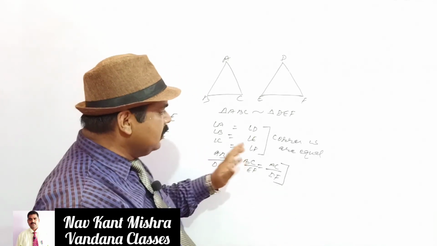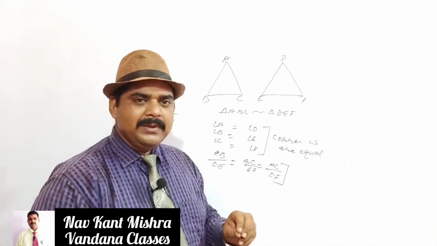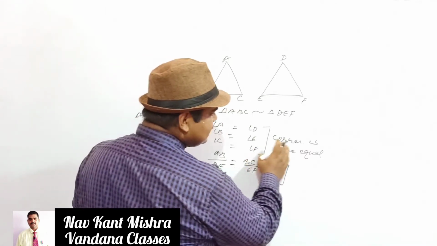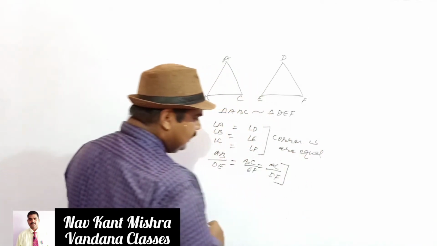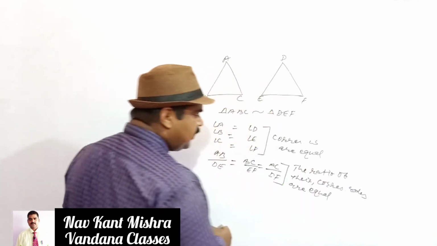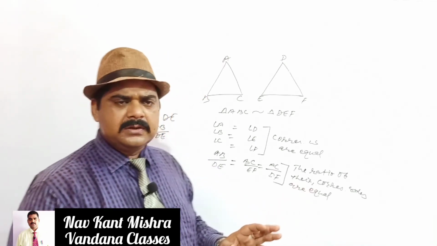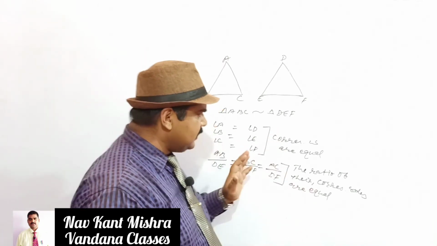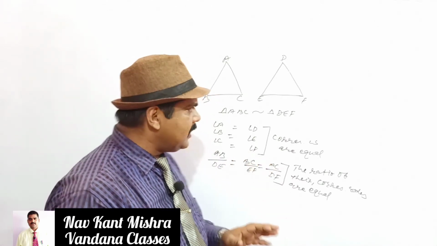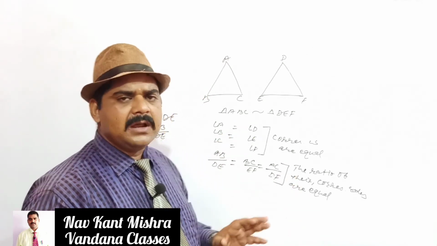If any polygons have these two conditions, first, corresponding angles are equal, and second, the ratio of their corresponding sides is equal, then the two polygons must be similar.